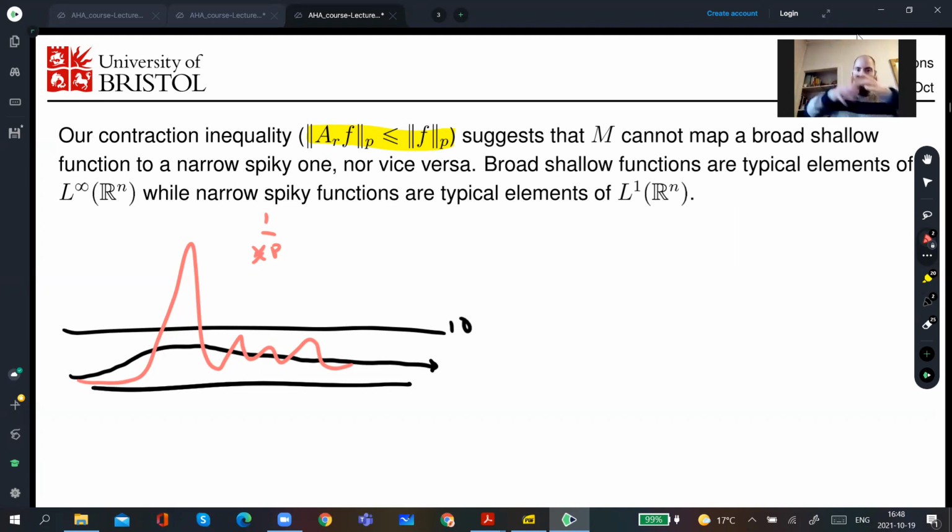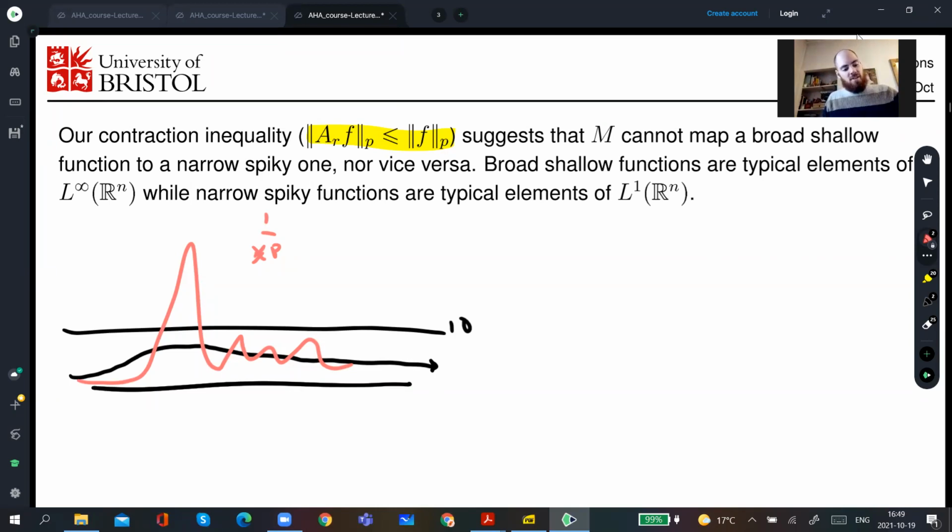They can have a very wide range of support, but they can't suddenly go to infinity, or if they get really large around some point, then that's going to force the LP norm to be very large. And a prototypical LP space is L infinity here, right? If you're bounded by a constant almost everywhere, then you can't have a tall spike that goes beyond that height of your function.